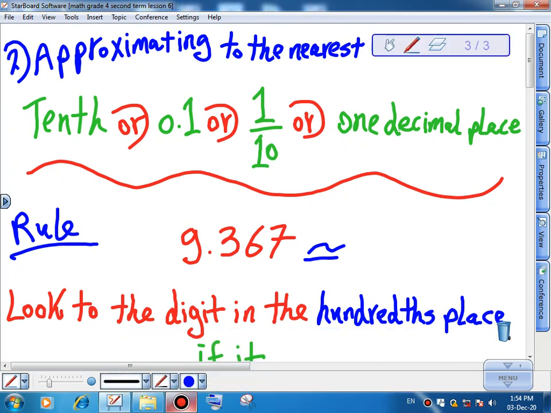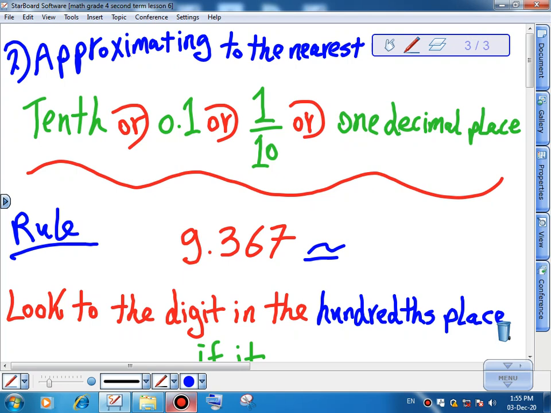Next part of this lesson, approximating to the nearest tenth. Remember tenth, not S at the end, the last letters are TH, tenth, which means the first digit in the decimal part: 0.1, 1 over 10, or 1 decimal place.